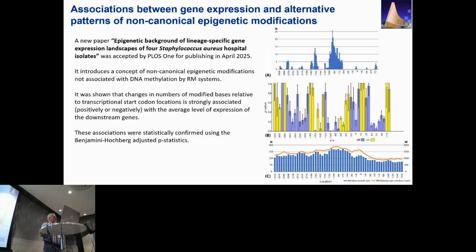And we believe it's associated with the architecture of these genomes, and we use non-canonical methylation to identify which genes are likely more expressed and less expressed. What we found is that there are specific regions where presence or absence of methylated motifs is negatively associated with the level of gene expression.